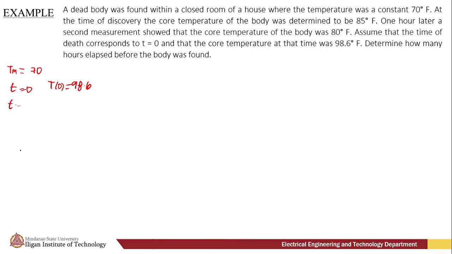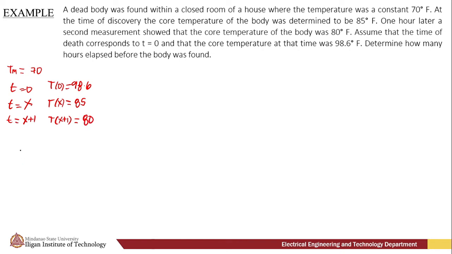Then at the time of discovery, x, the temperature of the body was 85 degrees Fahrenheit. A second measurement, an hour after the discovery, shows that the temperature of the body was 80 degrees Fahrenheit.